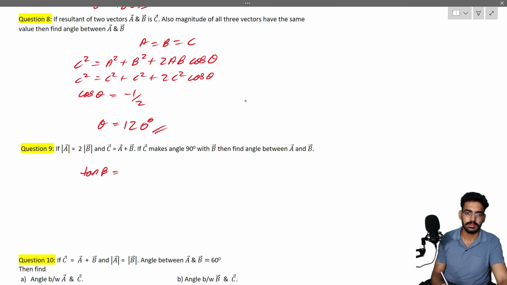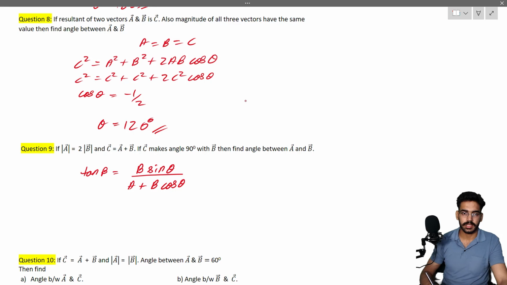So tan beta formula we know, right? What is the tan beta? I can write b sin theta divided by a plus b cos theta, right? That's what I can say.